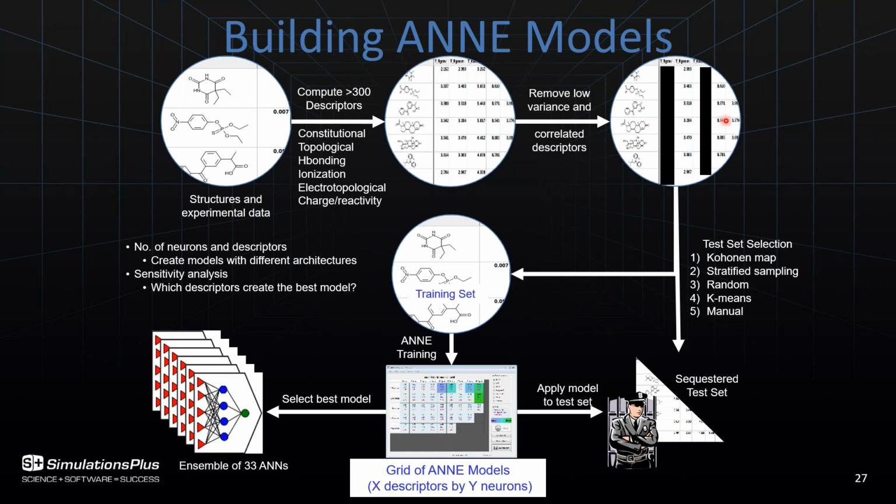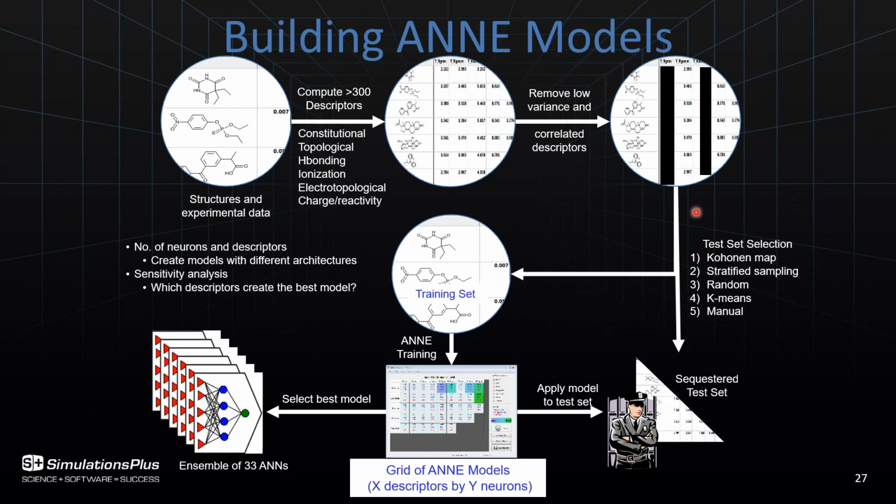Next, we would compare every column to every other column in the spreadsheet and calculate its correlation coefficient. And if it's above a user-specified cutoff, we would drop one of those two columns so that we end up with no correlated descriptors in the final set.